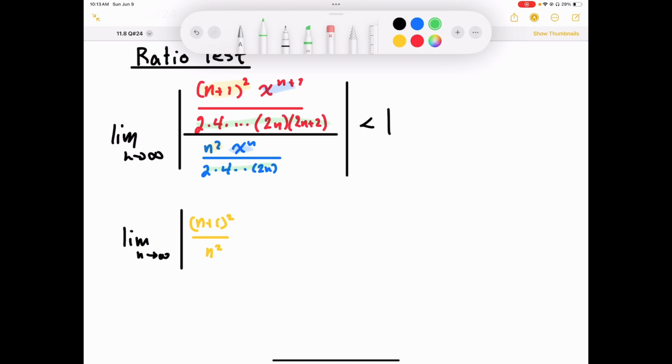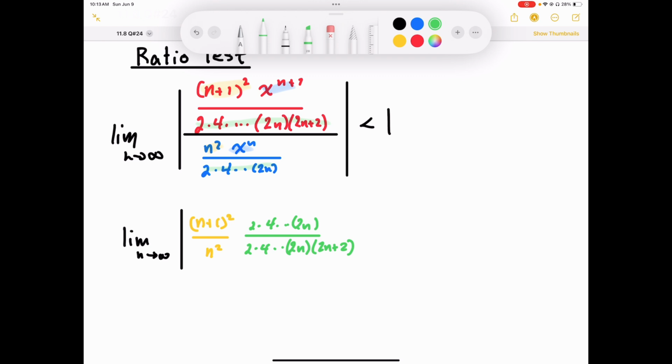Making note that I have 2 times 4 times all the way up to 2n in the numerator, and in the denominator I'm going to have the exact same terms. So every one of these terms is going to cancel out all the way up to 2n, but we have that extra 2n plus 2 multiplier in the denominator.